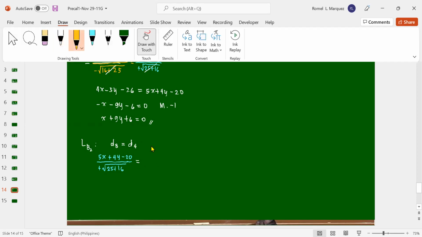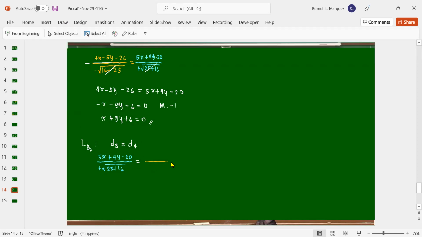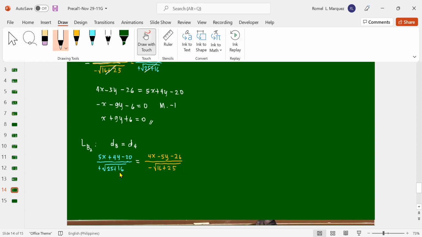The directed distance of XY from the yellow line is 4 times X sub 1, X, minus 5 times Y sub 1, Y, and then minus 26. The denominator is negative square root of, because B is negative, 4 squared 16 plus negative 5 squared is 25. Okay? So I can cancel this out.